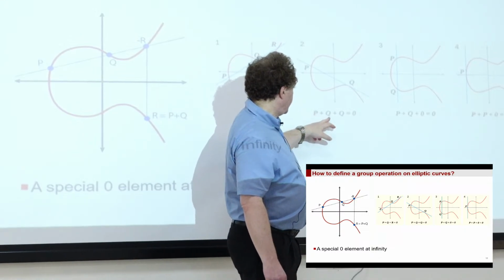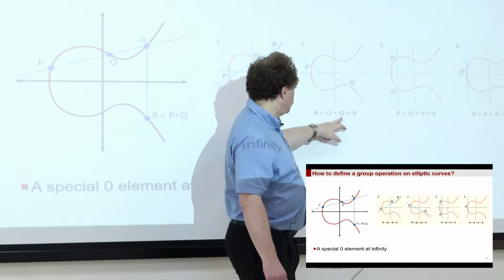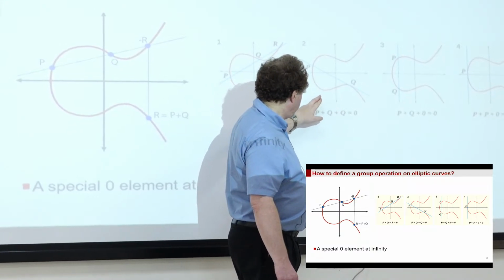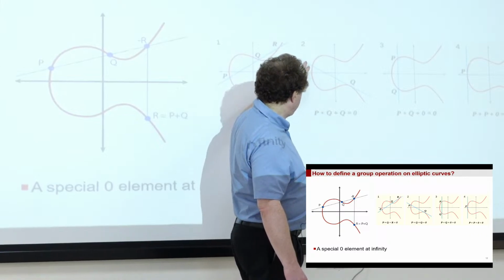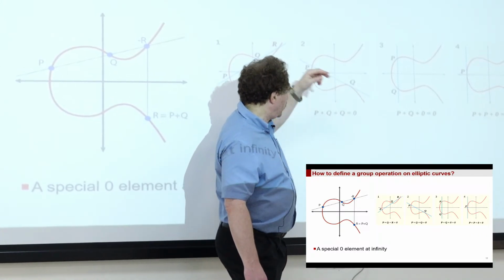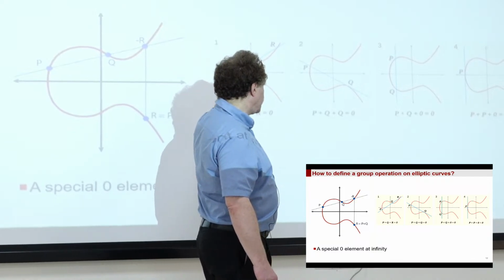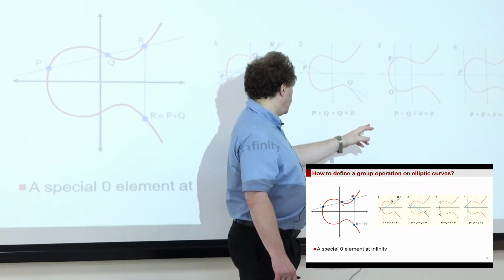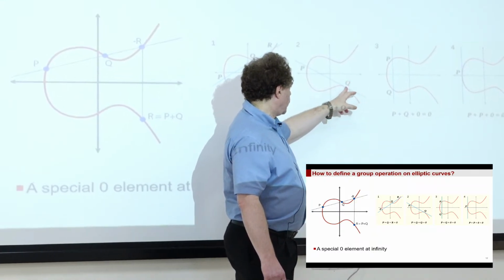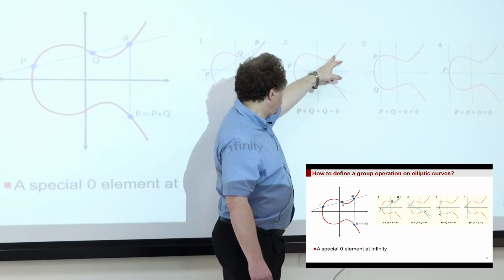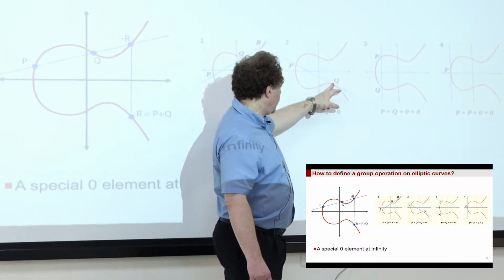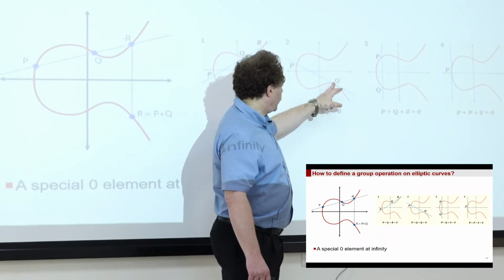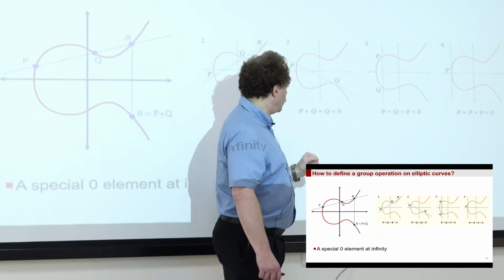In this case, the additional point, the third point of the tangent, would be Q itself and accordingly minus Q. So if you have a tangent, the result of the operation would be minus Q.